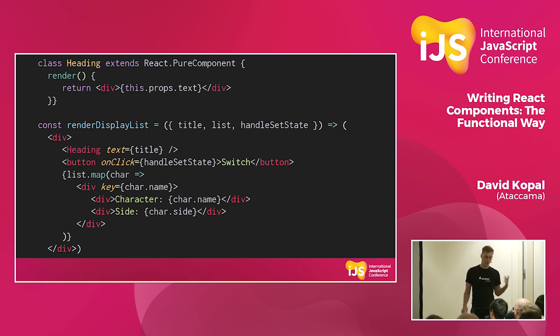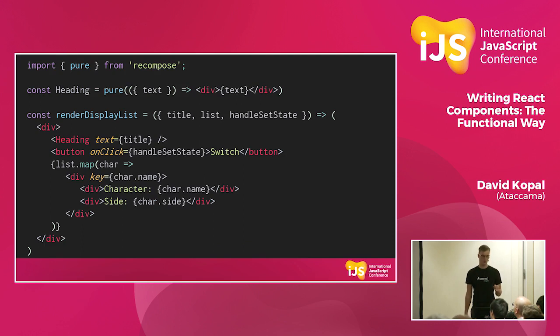Now, you might be thinking, why are we defining our heading component as a class? Because it's just a pure function, so it should obviously be a functional component. But the question is whether we can get this optimization behavior also for functional components, because shouldComponentUpdate comes from React.Component, and this is accessible only in classes. We can create a higher order component by ourselves, or take a predefined one, the pure higher order component from Recompose.